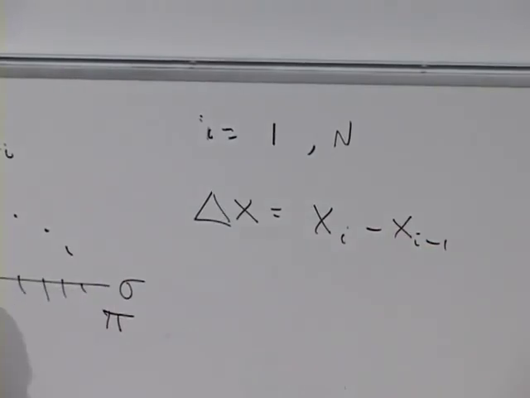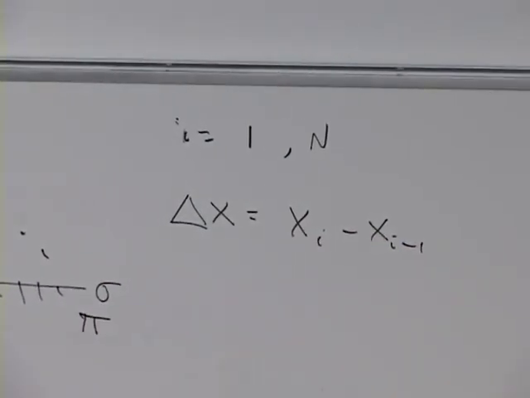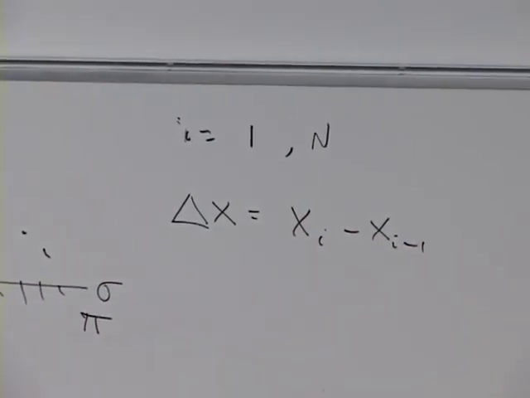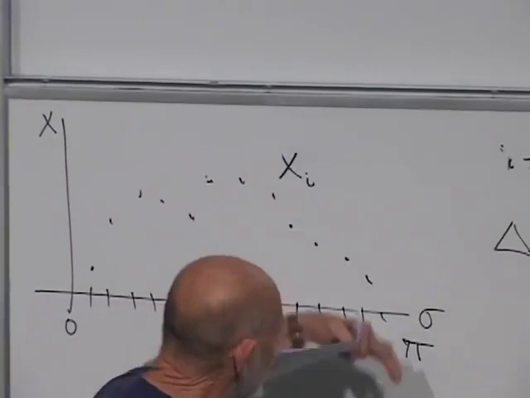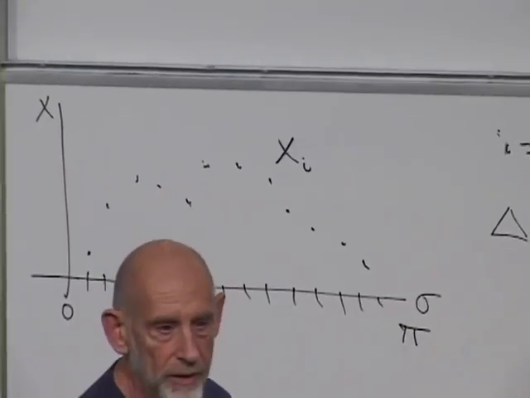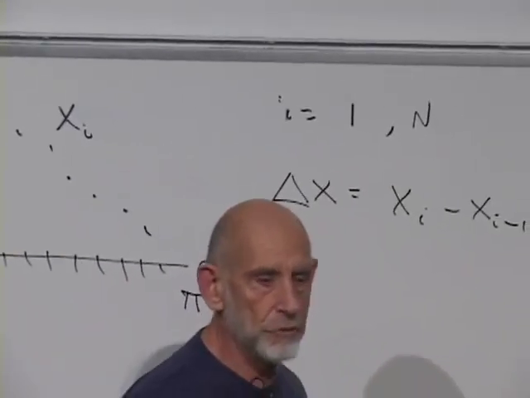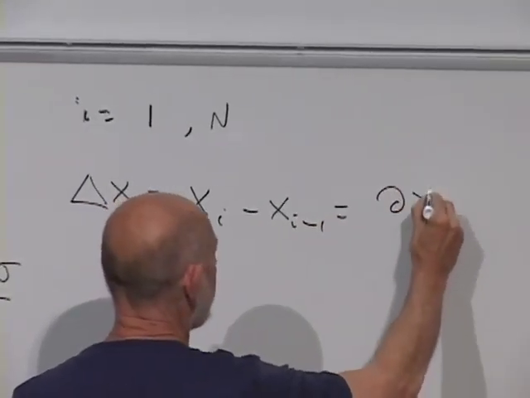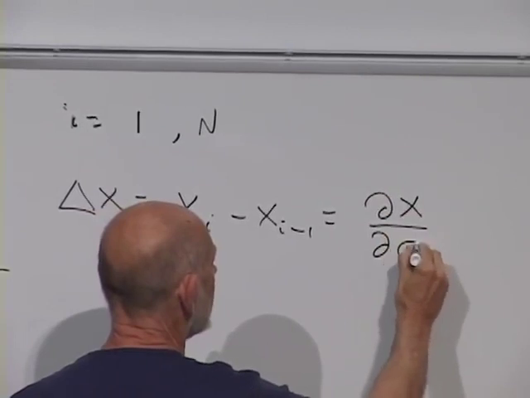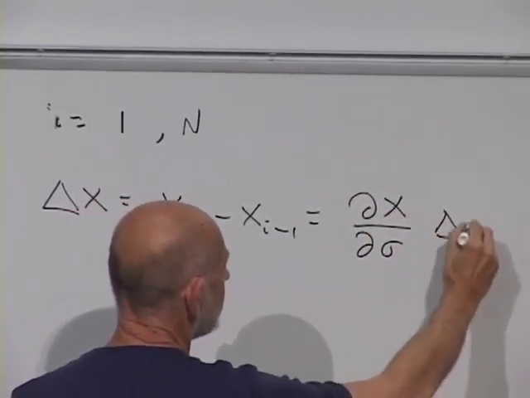I could have chosen I plus 1 minus I. That's delta x. And it's well approximated in the limit where we put many, many points in there, assuming the limiting function is a smooth differentiable function, by the derivative of x with respect to sigma times delta sigma.